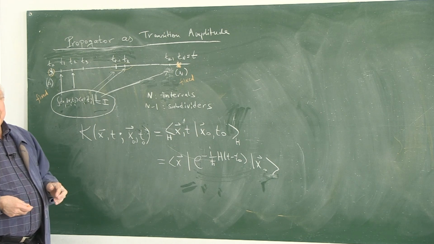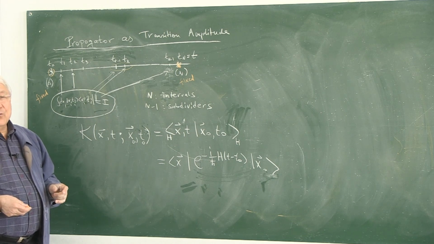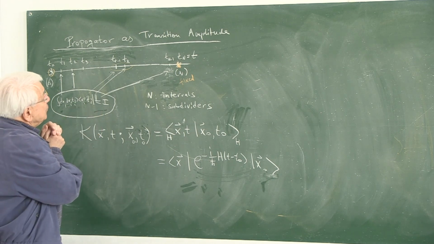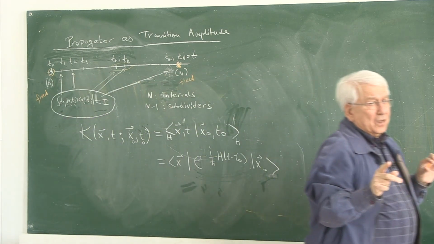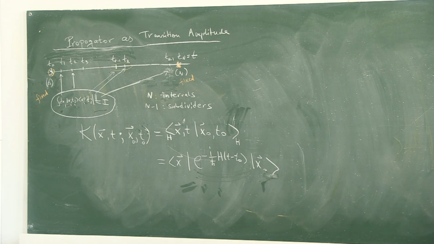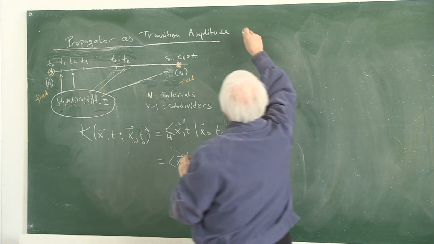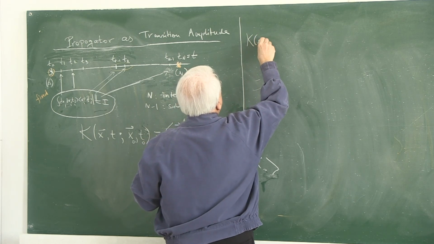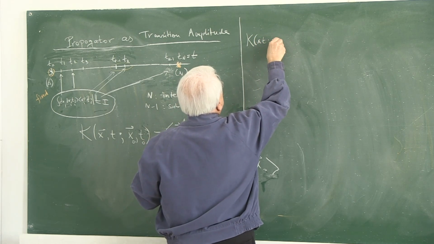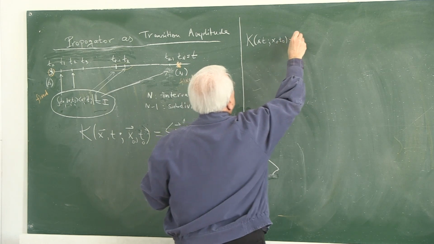So how many altogether, how many such combinations? The integral is n minus 1. Let me write it; I will try to use a shorthand.